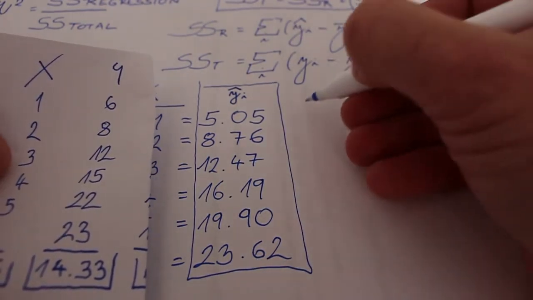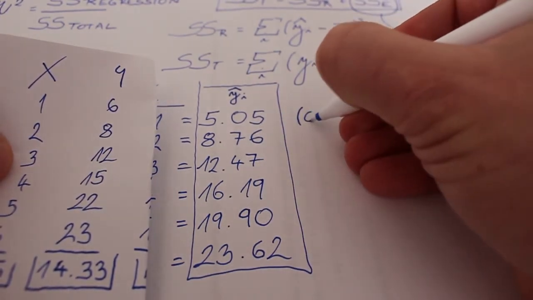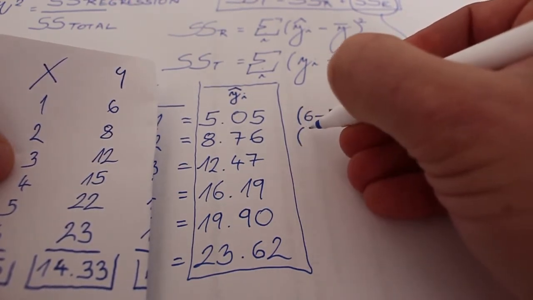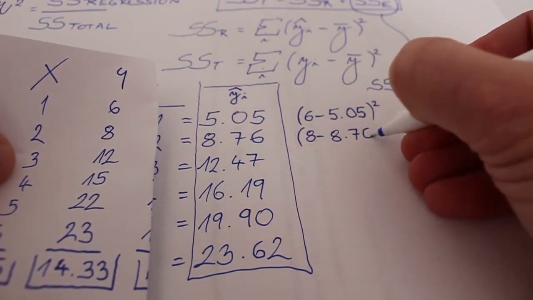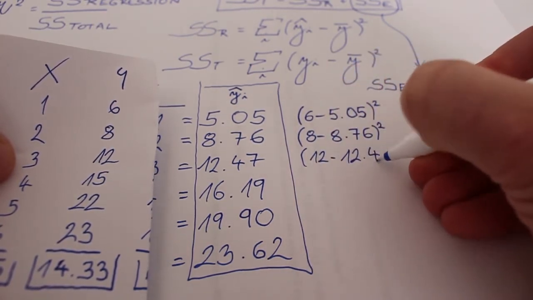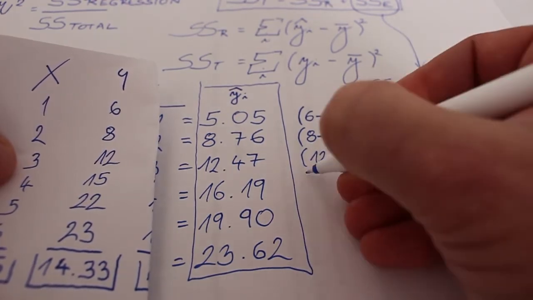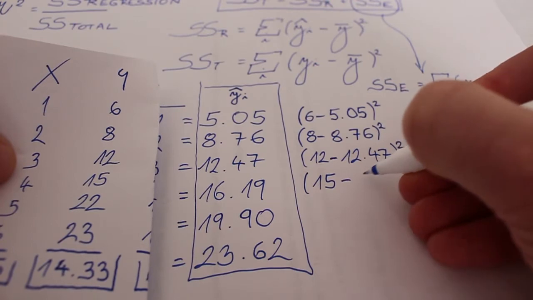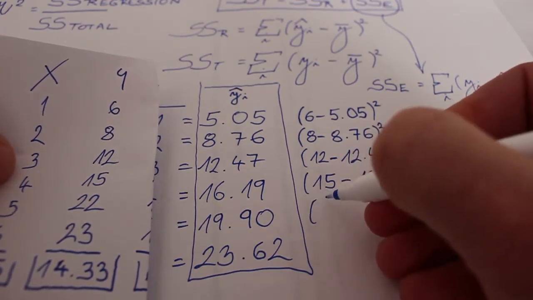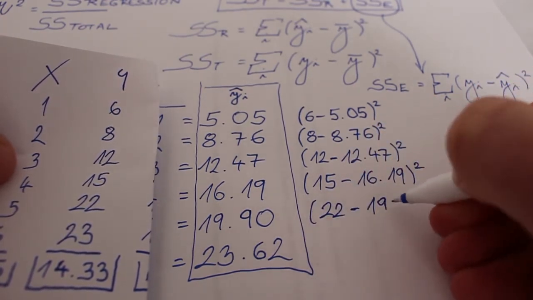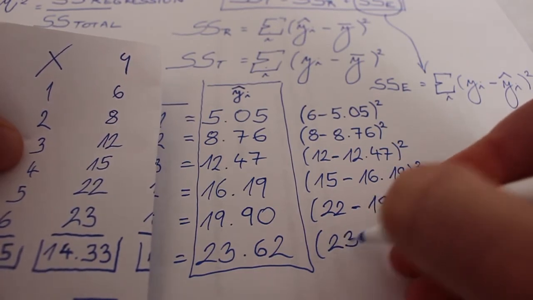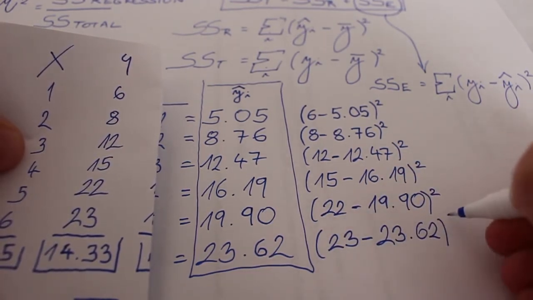You can see there is variable y, there is y hat. So I can calculate here the differences: 6 minus 5.05 squared, 8 minus 8.76 squared, 12 minus 12.47 squared, 15 minus 16.19 squared, 22 minus 19.90 squared, and 23 minus 23.62 squared.